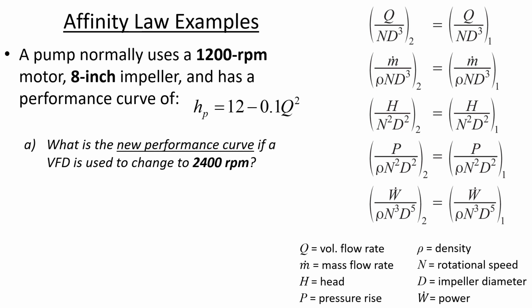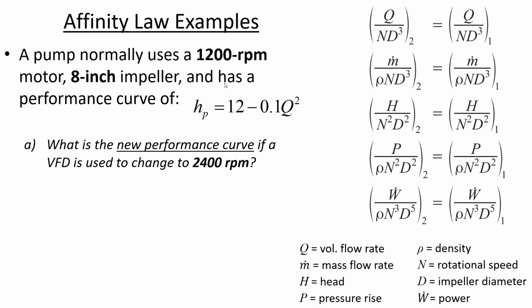Okay, so if we're going to change this to 1200 RPM, then N sub 2 is 2400, and we're sticking with the same diameter, so D sub 2 is still 8 inches, and we want to know what is H sub 2. That is the question.